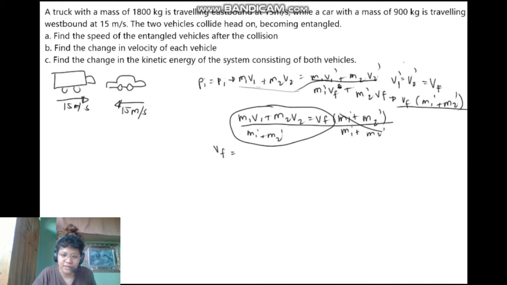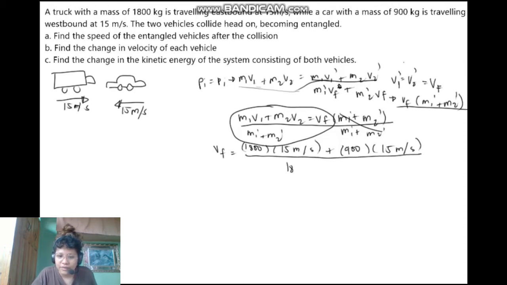Final velocity is equal to mass 1, which is 1,800 kilograms, times velocity 1, that is 15 meters per second, plus mass 2, 900 kilograms, times 15 meters per second again, over 1,800 plus 900.